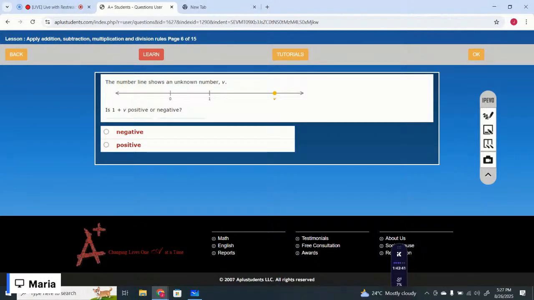The number line shows an unknown number V. Is V plus 1 positive or negative?